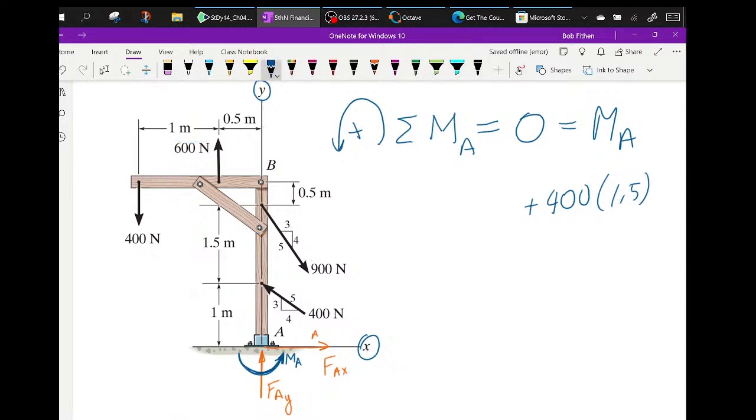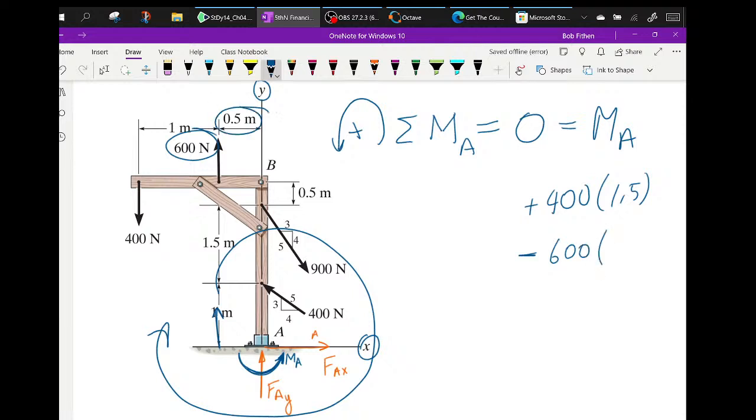This one on the other, now you have to remember, I can use transmissibility, move it right down here, and then that is going this way. That is a minus. It's 600, and its moment arm is a half.